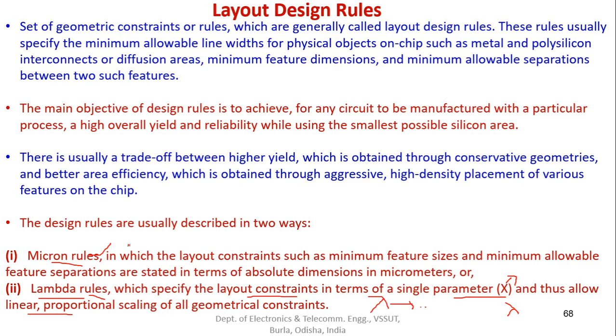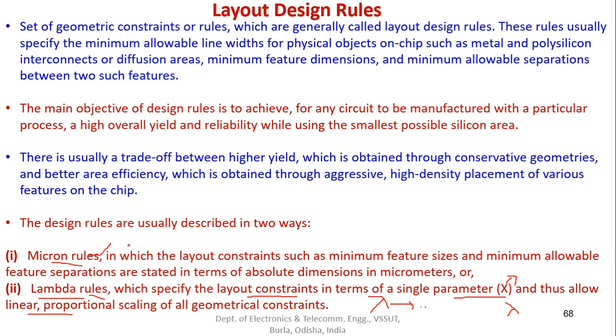So there is no bound that it should be a simple multiple of something. It can be any number, and generally it is specified up to, let's say, 1 or 2 decimal places.